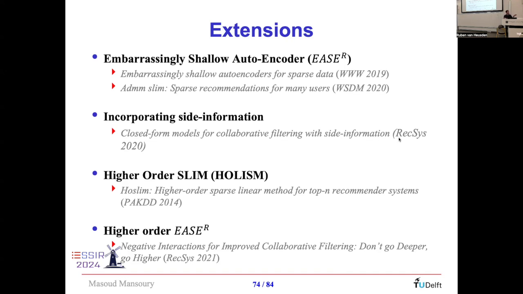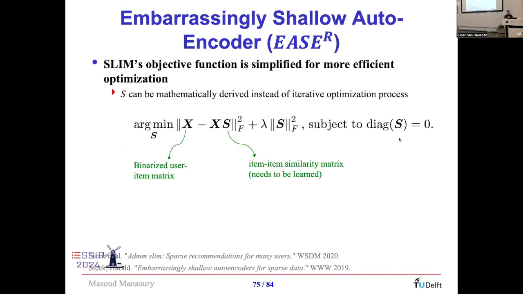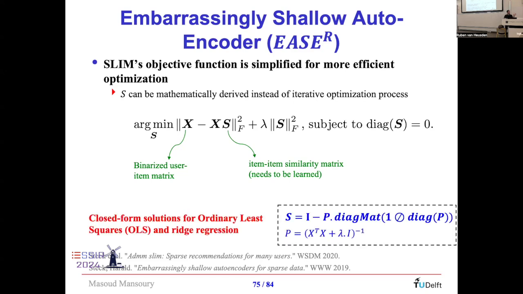You might find interesting, but one of them, just to explain, the idea is simplifying the objective function, removing the L1 norm, and also the constraint that all the similarity values should be positive. Then it enables to compute or maybe derive the similarity matrix without doing the optimization. We can solve this equation in closed form. So the equation is here.